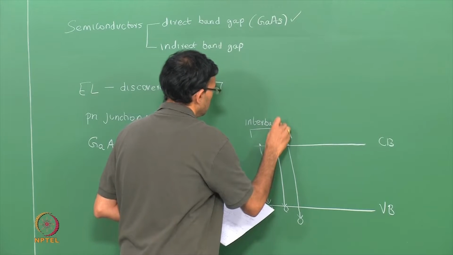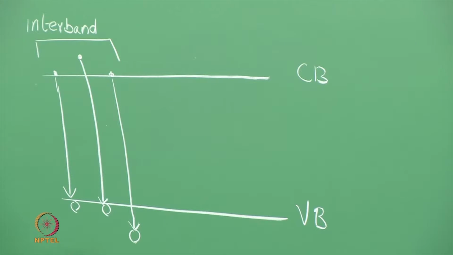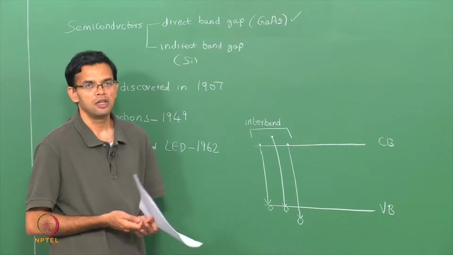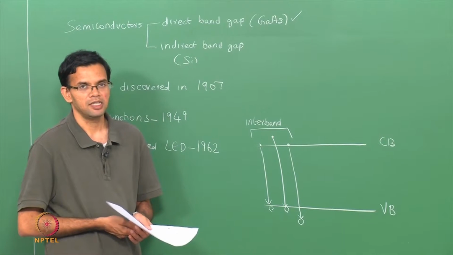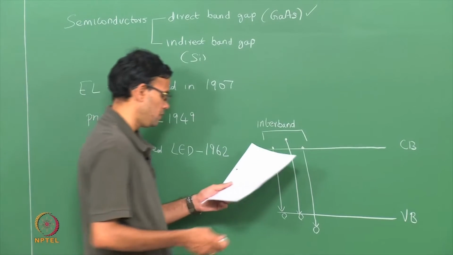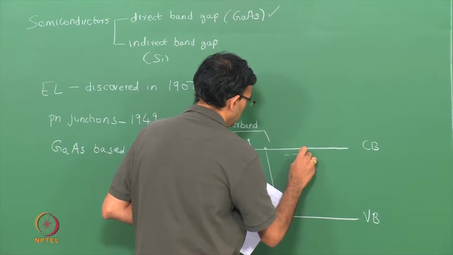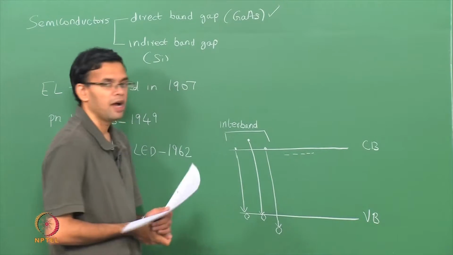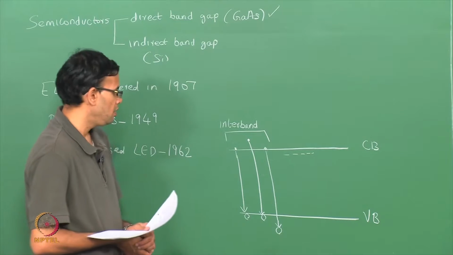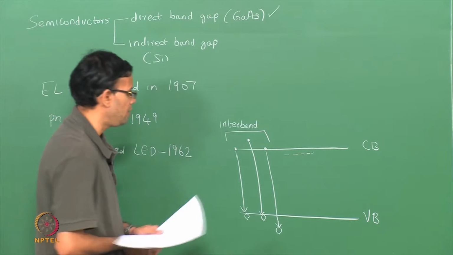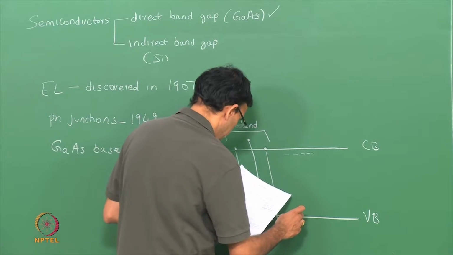Now, if you have a material that is doped or has some other impurities, these basically cause defect states in the band gap. So, you could have, for example, if you have a donor type impurity, that could lead to a donor level that is close to the conduction band.